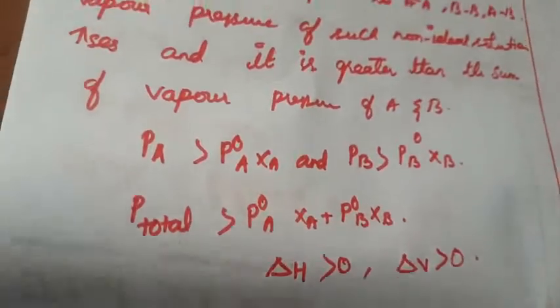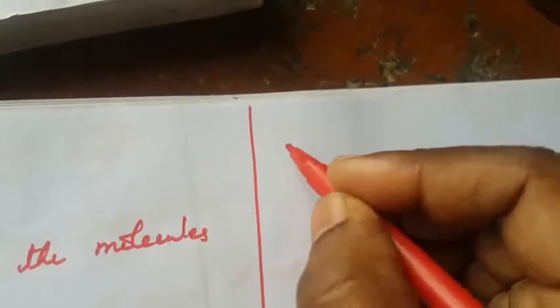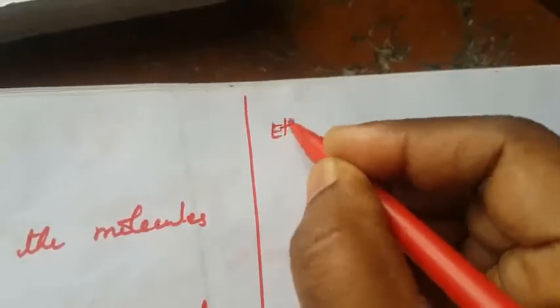This can be explained by the example here, that is ethyl alcohol and water. That is a non-ideal solution, ethyl alcohol and water. This is considered the example.